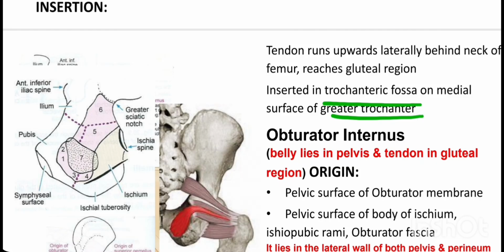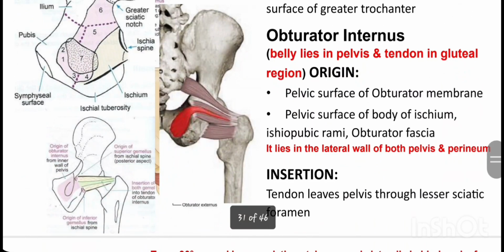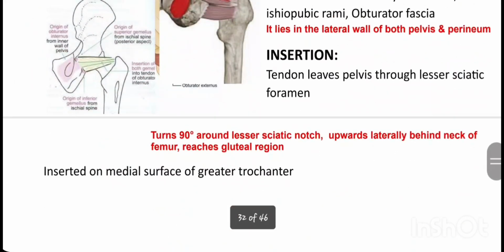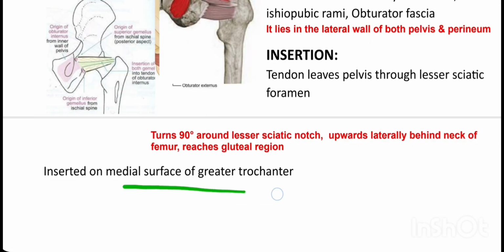Coming to the obturator internus, it originates from the same obturator membrane and is inserted into the medial surface of the greater trochanter. Majorly all the muscles are inserted into the greater trochanter, whereas the obturator externus is inserted into the fossa.